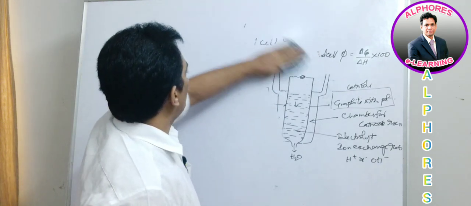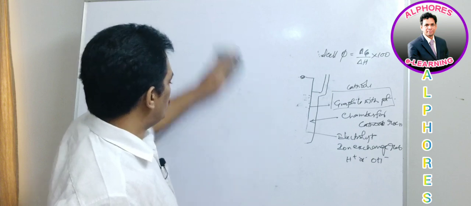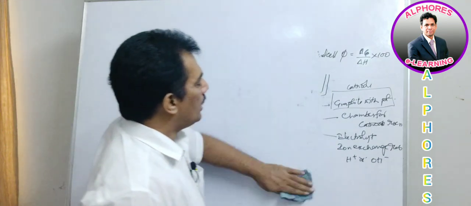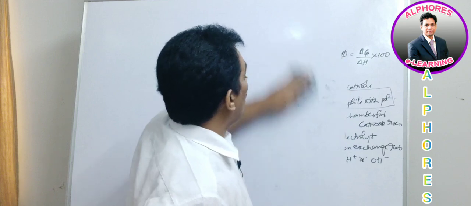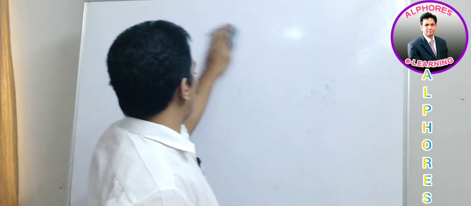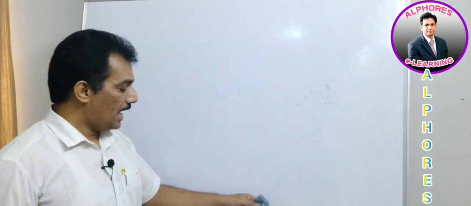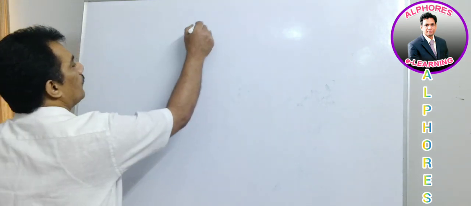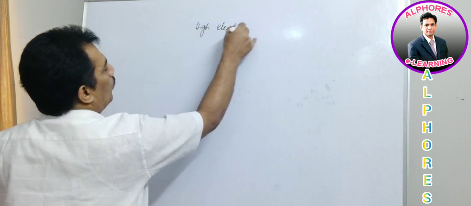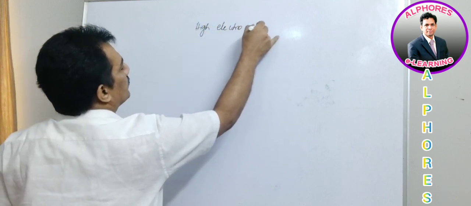Corrosion is, if you recall from metallurgy, most of the metals exist in combined form. They are unable to exist in pure form, that is in native form, because they have high electropositivity.